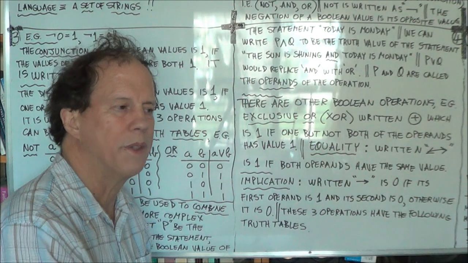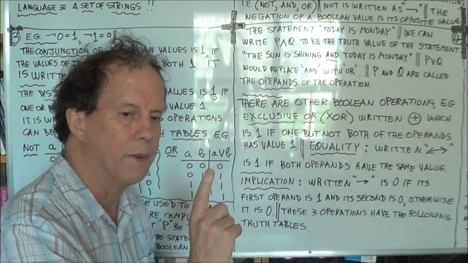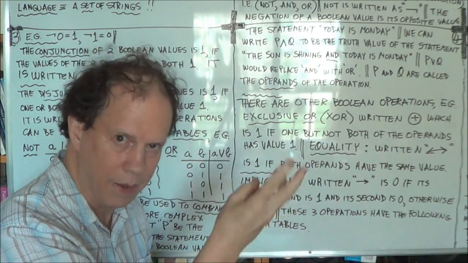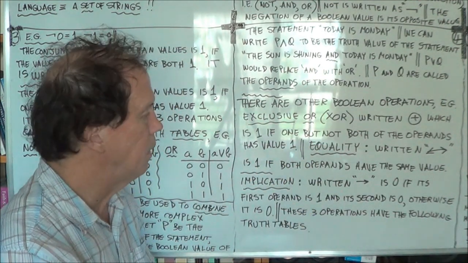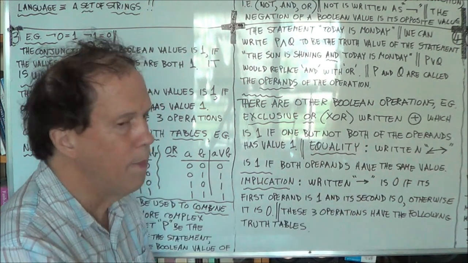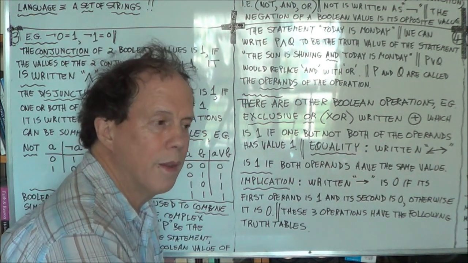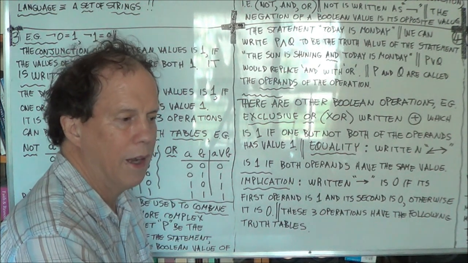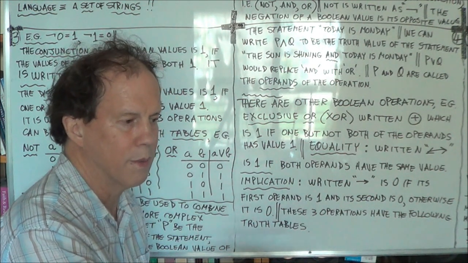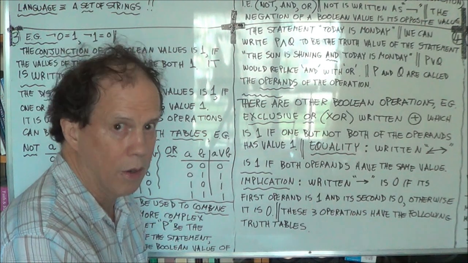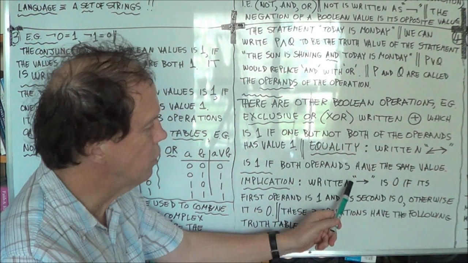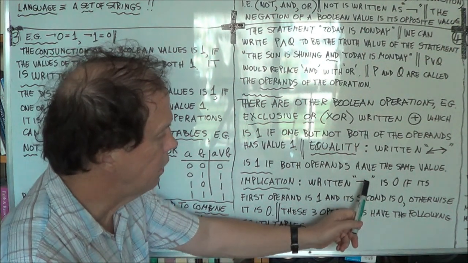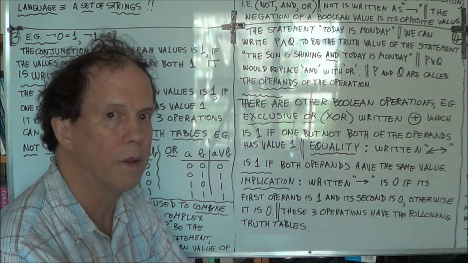That value is 0 in only one case. In the 3 other cases, it's 1. The value of A arrow B is 0 when A is true and B is false, or A is 1 and B is 0.